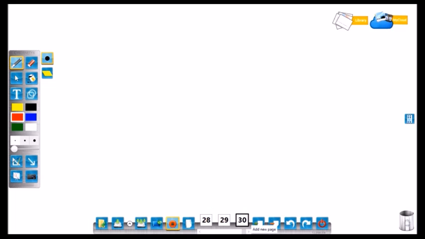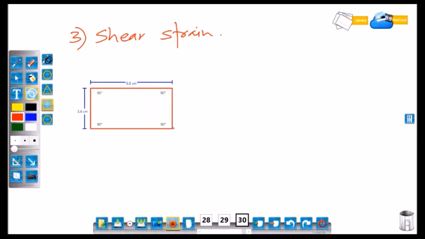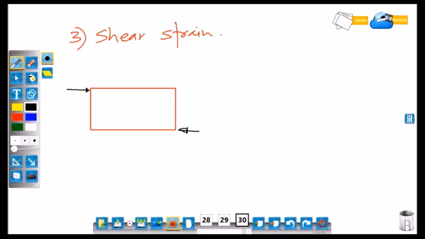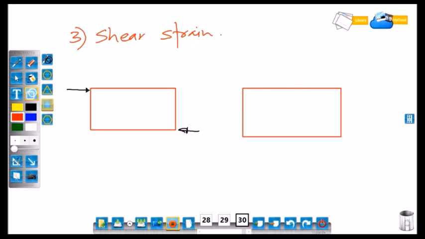The third one is shear strain. This strain is due to shear force, that is tangential force. So look at the diagram, these are tangential forces. What will happen? Due to tangential force, the body will get sheared off.